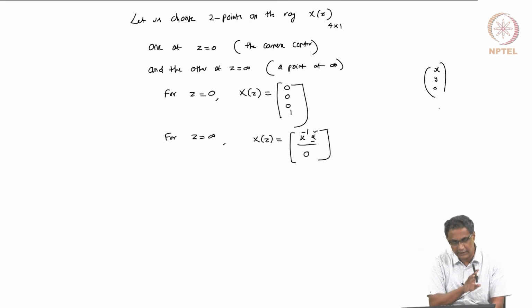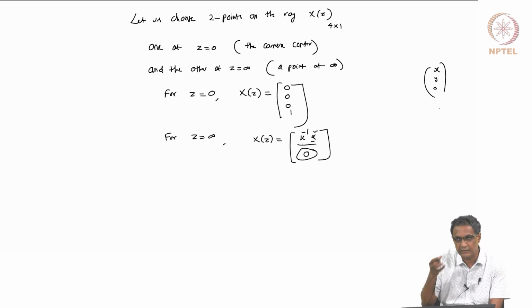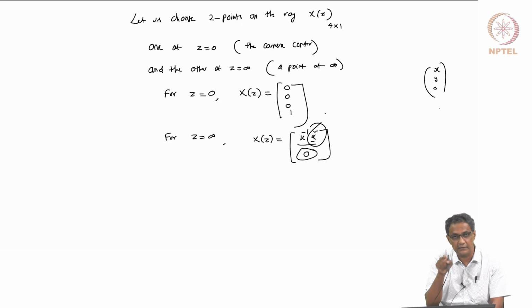And to indicate that the point is at infinity, the last element is 0. This is the way you represent a point at infinity. The x tilde conveys that this is an arbitrary ray on which any point projected onto the left camera will always map to this one x, y. That is the reason it takes this form.